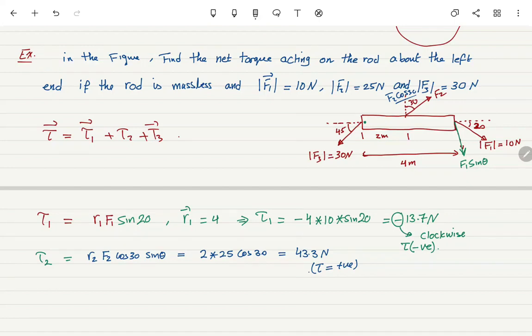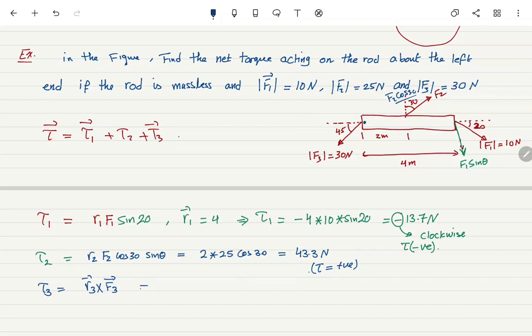Now let's find torque 3 in this case. Torque 3 is equal to R3 cross F3. Now R3 is the distance from the pivot, and this is the distance here.